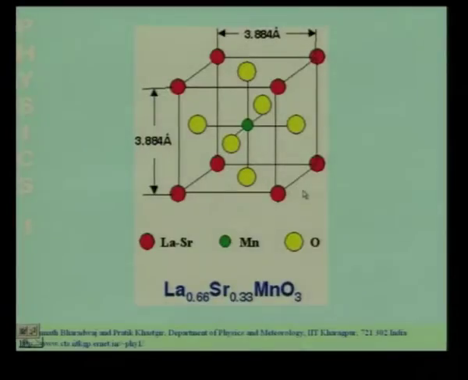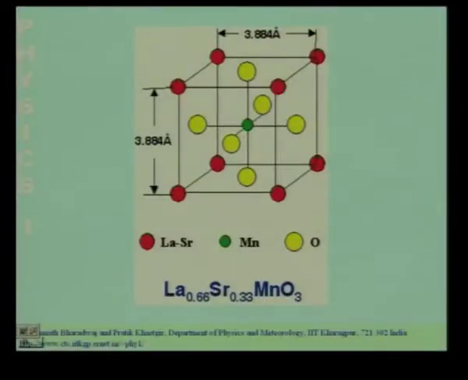Let me consider an example over here. I am going to show you a particular example: lanthanum strontium manganese oxide. We have a crystal which has a known crystal structure, shown over here.